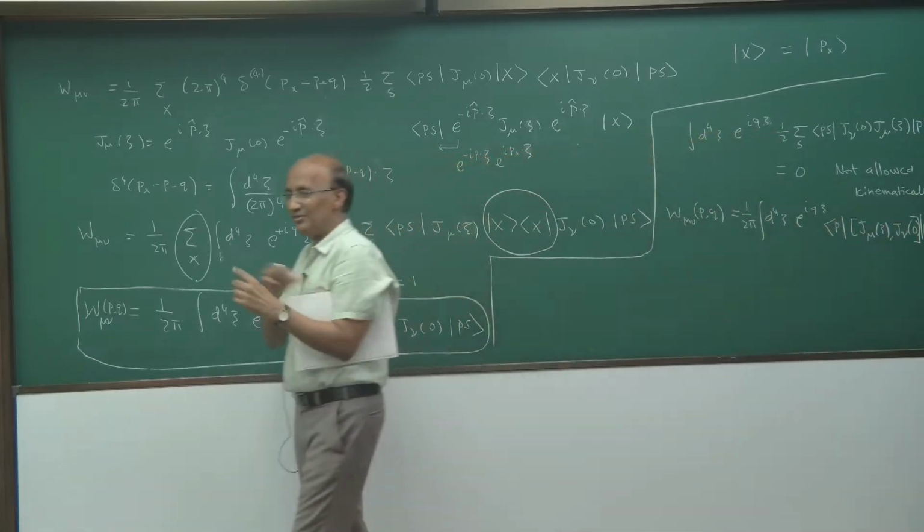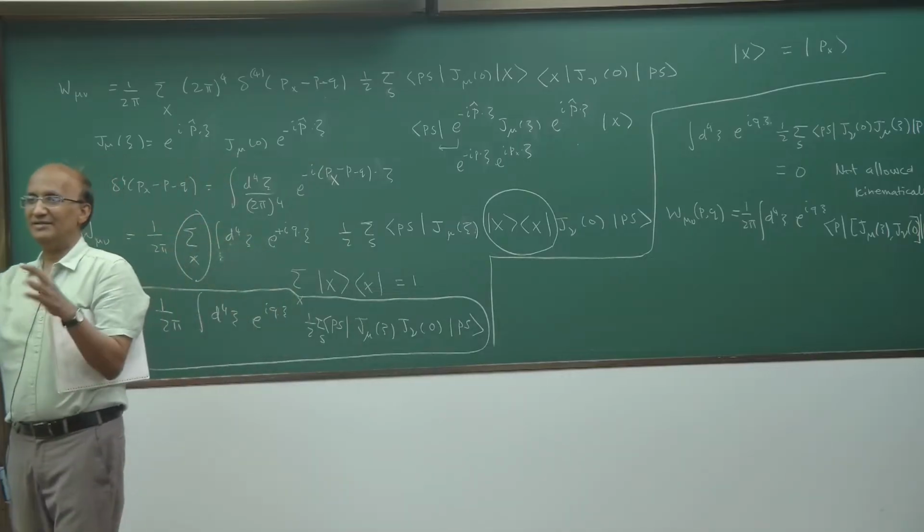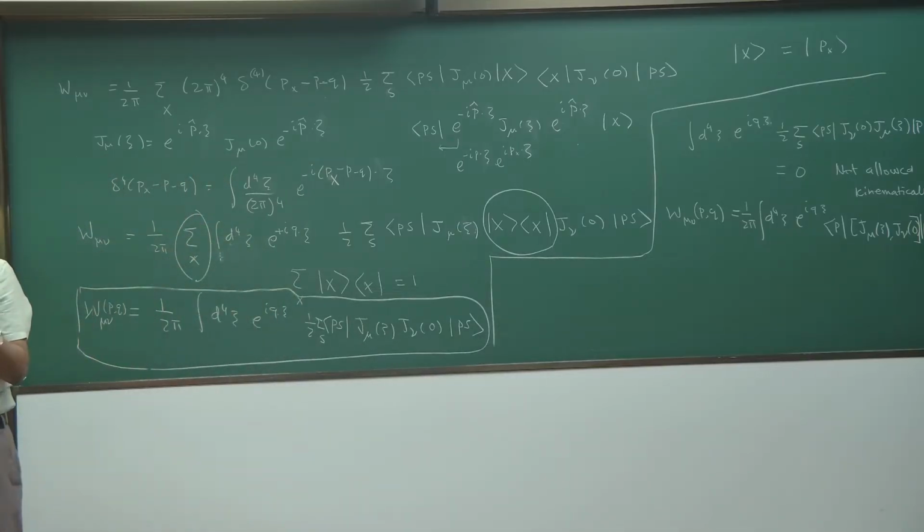If you assume these currents are certain representations of a group, then they transform like vectors, and you can impose certain commutation relations among them. Okay, these currents, and there is very nice literature on this current algebra. So this current algebra is just using some group theory ideas and imposing certain commutation relations on these currents.